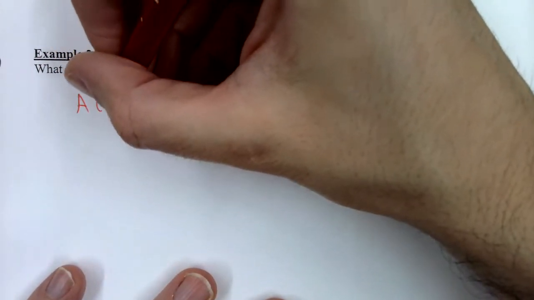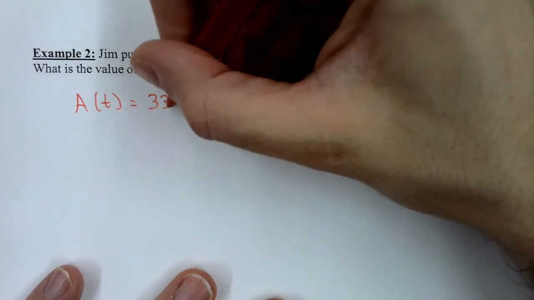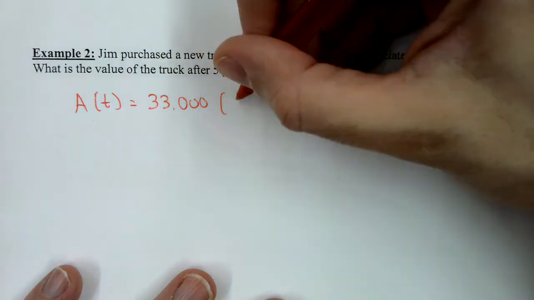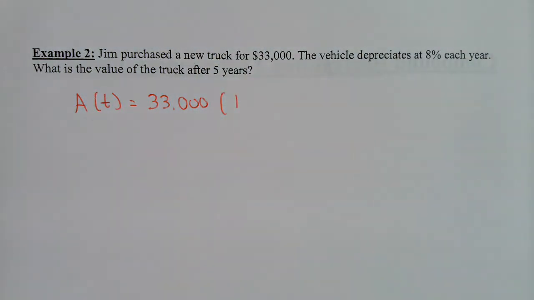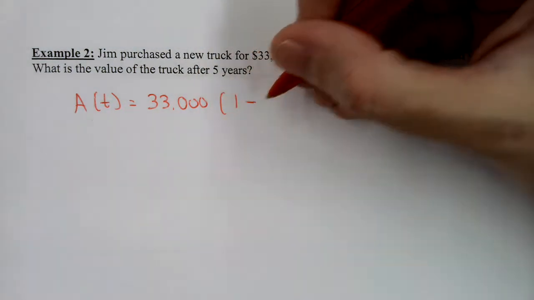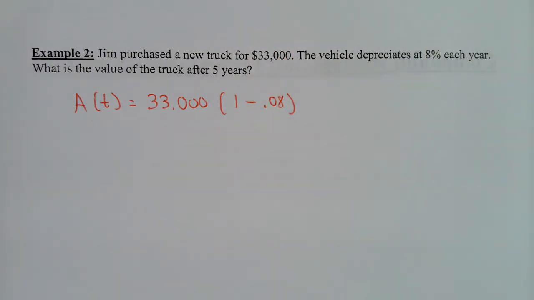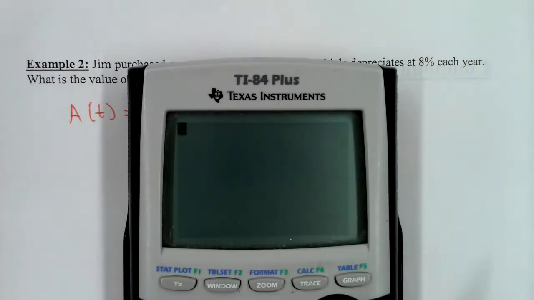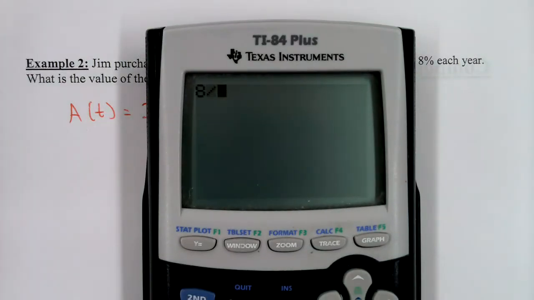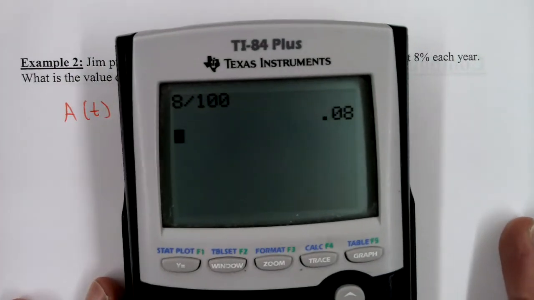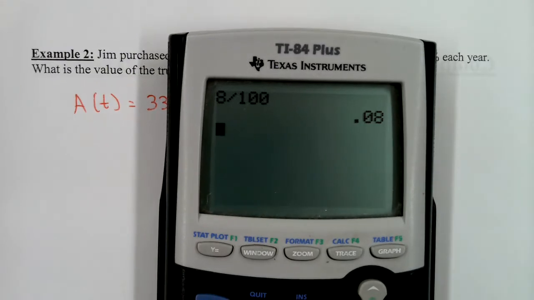I'm going to do A of t equals the initial amount of 33,000 times 1 minus 8%, but you have to turn the 8% to a decimal. To turn 8 to a decimal, you just do 8 divided by 100, and it gives you the decimal 0.08.